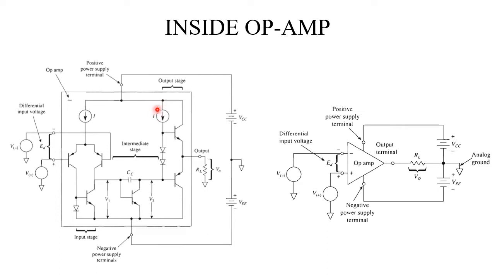And this is the diagram showing what is inside the operational amplifier. So first let's look into this diagram, and this is the symbol of operational amplifier with 2 input terminals, 1 output terminal, and two power supply terminals, positive power supply and negative power supply.